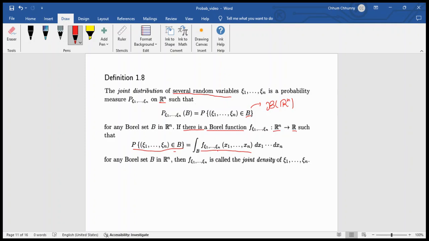In this case, we call the Borel function f the joint density function of the random variables ξ1 until ξn.